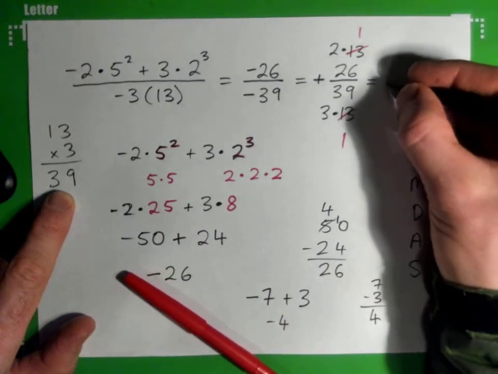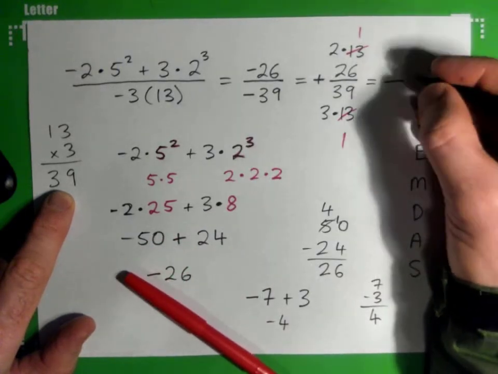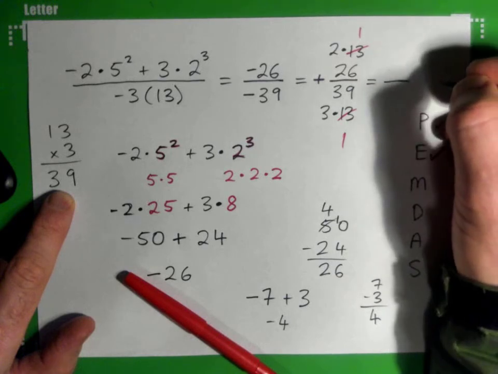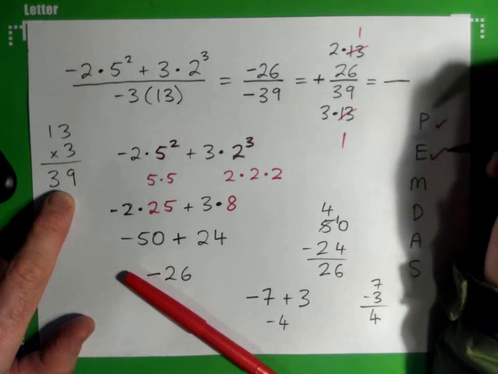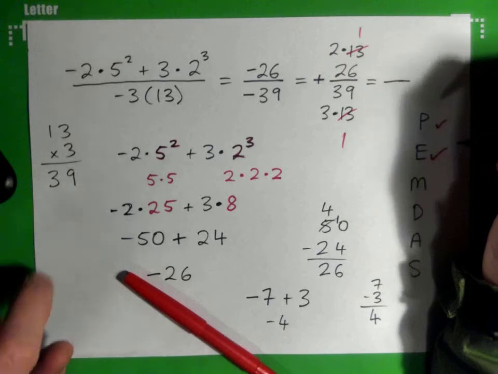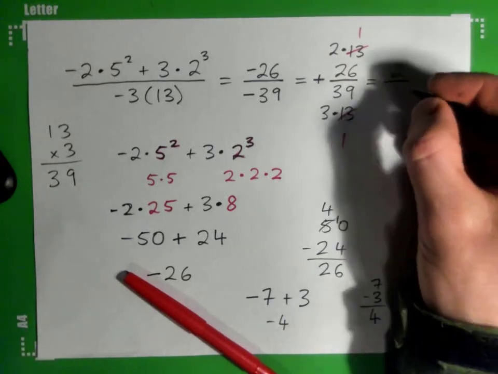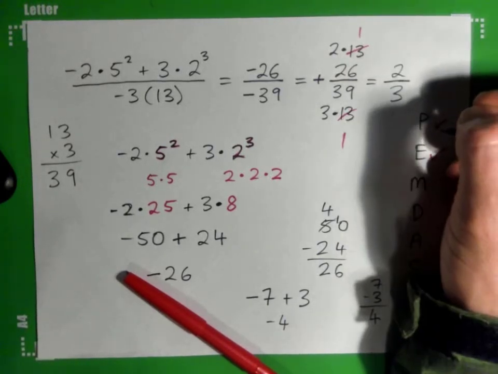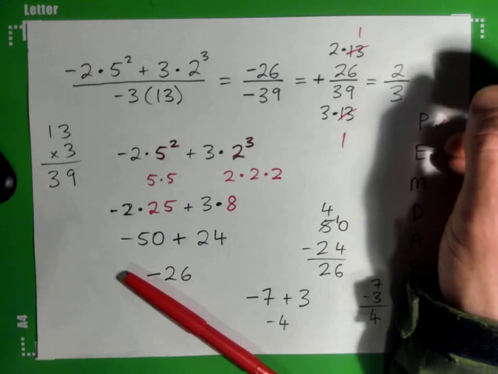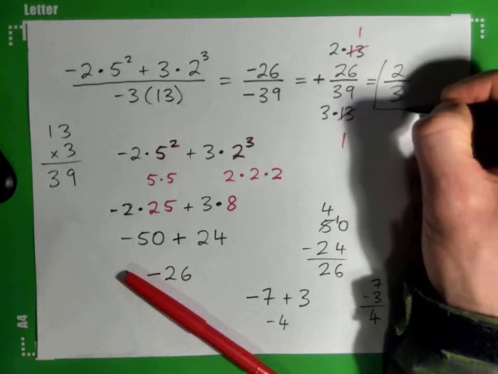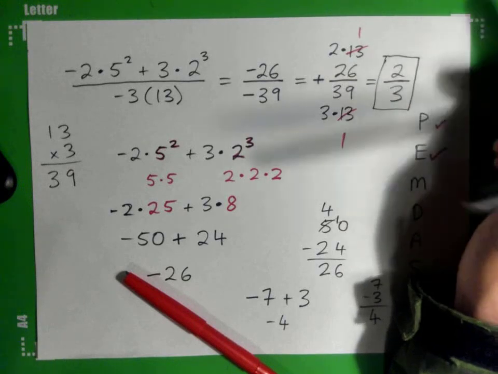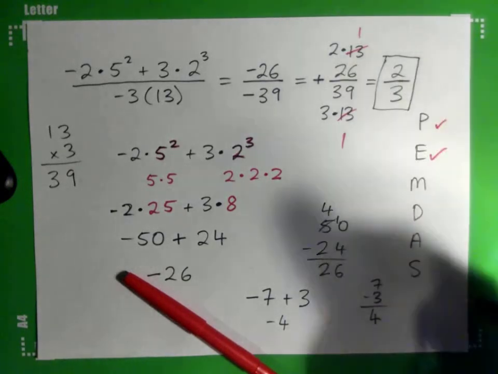So what do we get? 2 times 1 over 3 times 1. Two-thirds. 2/3 is the answer. 2 over 3, right? Yep, that's it. 2/3. Good work.